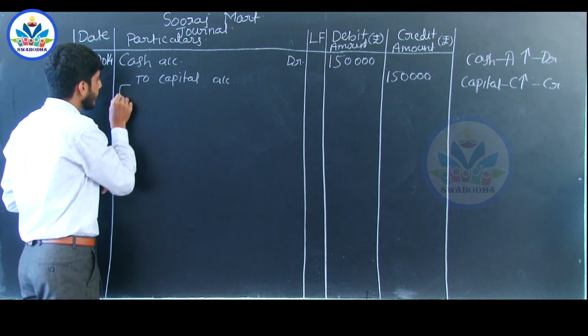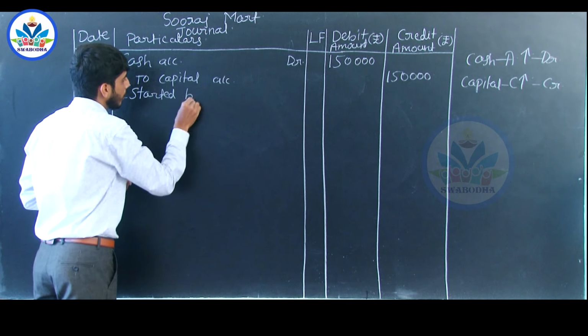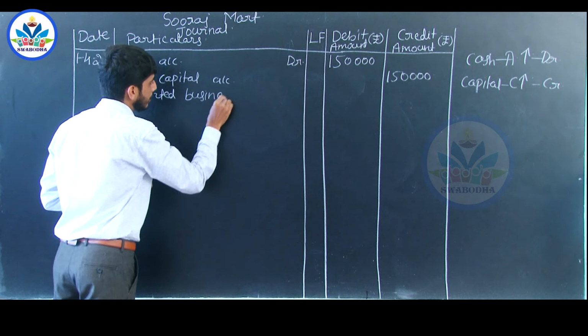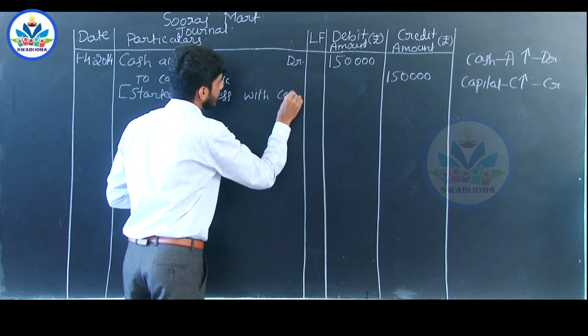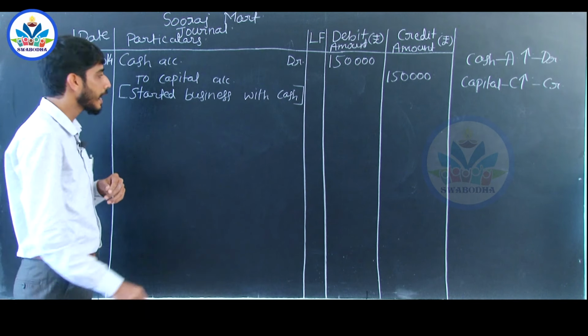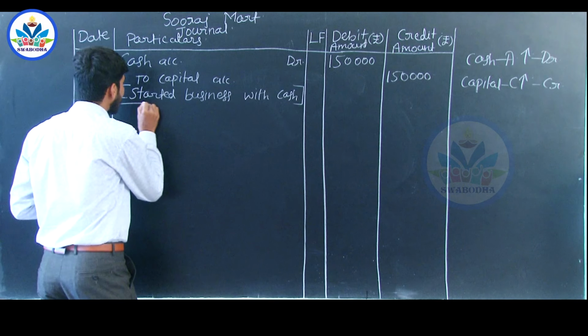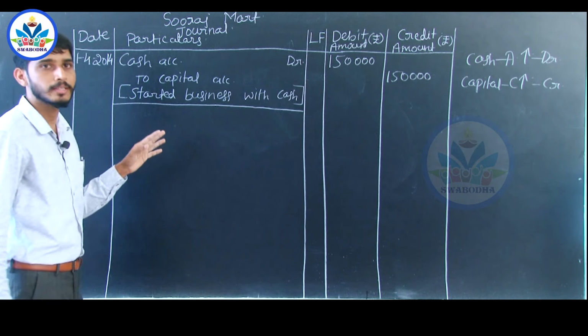Next, you have to write the narration. Started business with cash, and you have to draw a line which indicates the transaction has ended.